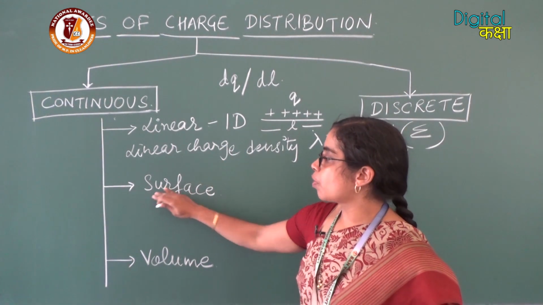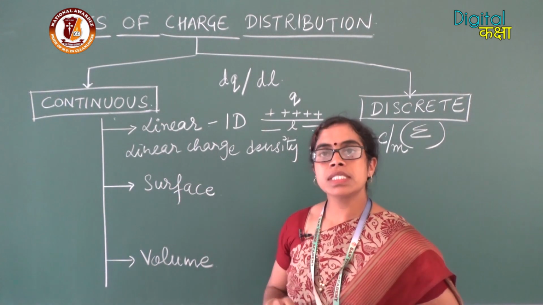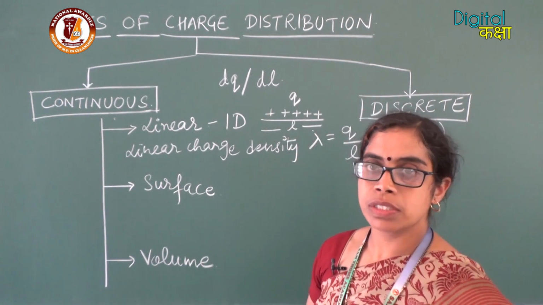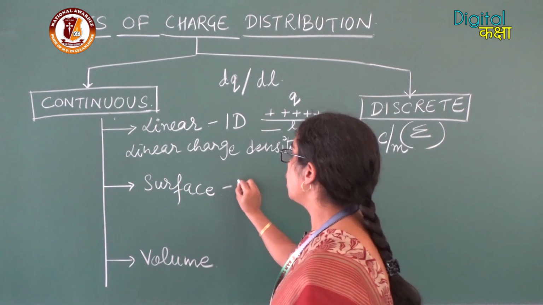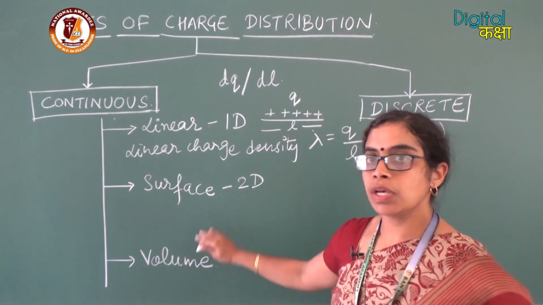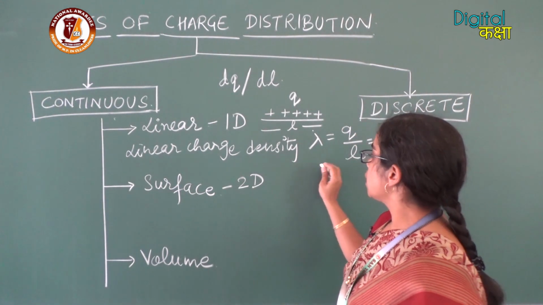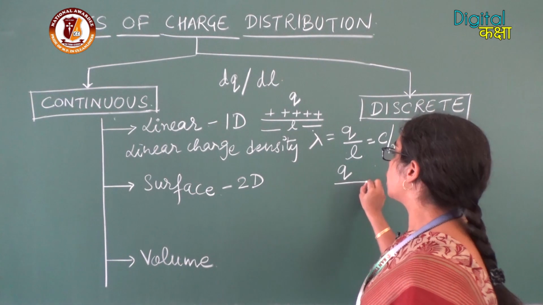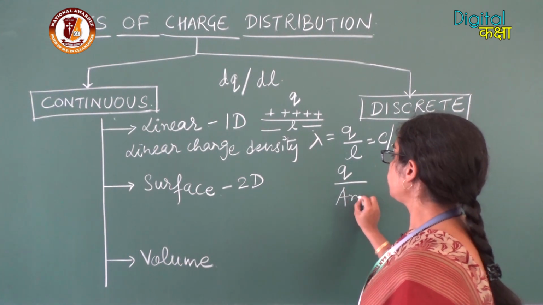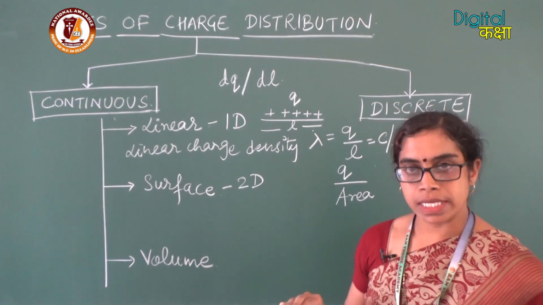Coming to the next type of continuous charge distribution, when charge is distributed on a given area, that means on the two dimensions of an object, the charge is distributed on the complete area, which can be represented by A or S.